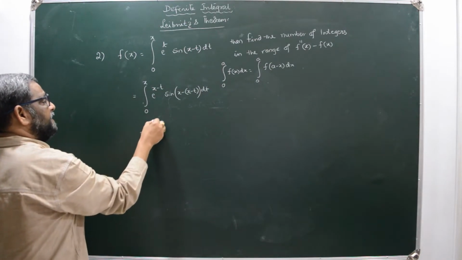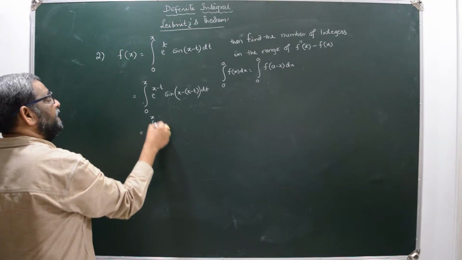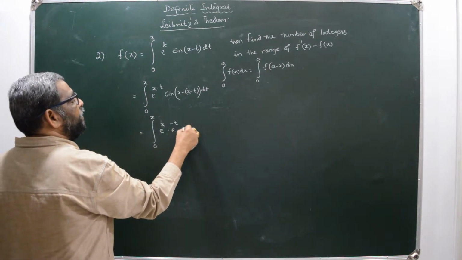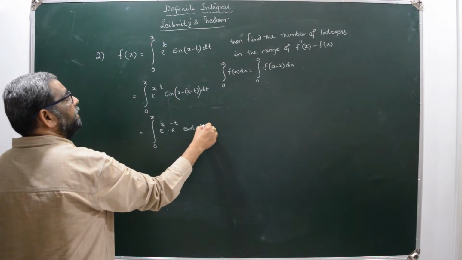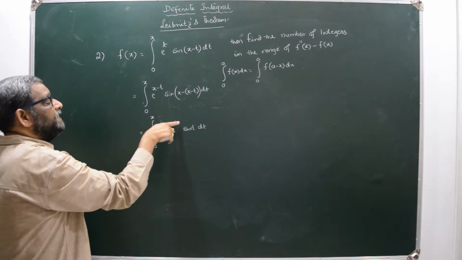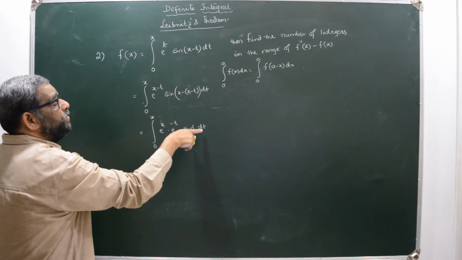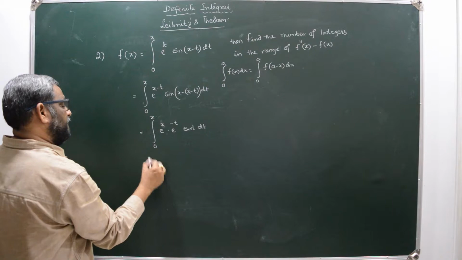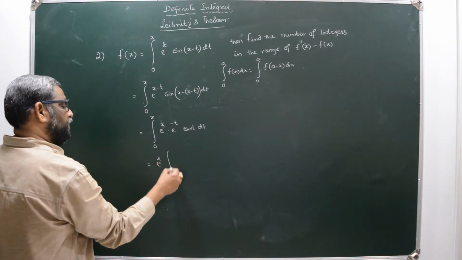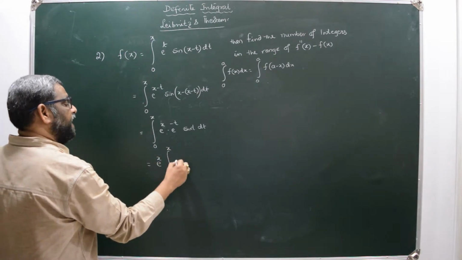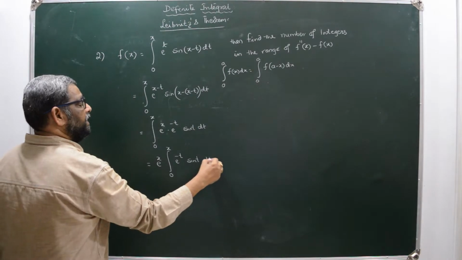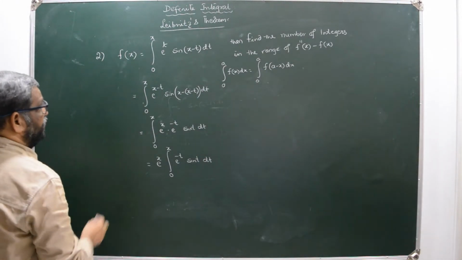Now this can be written as integral 0 to x e^x into e^(minus t) into sin t dt. The x gets cancelled. Now here both x and t are variables, but you are integrating with respect to t. So this can be written as e^x into integral 0 to x e^(minus t) sin t dt.